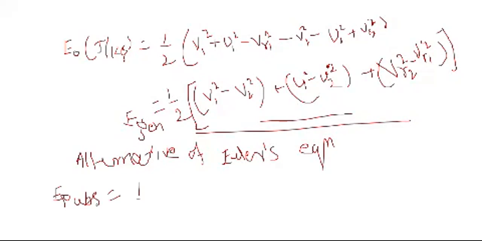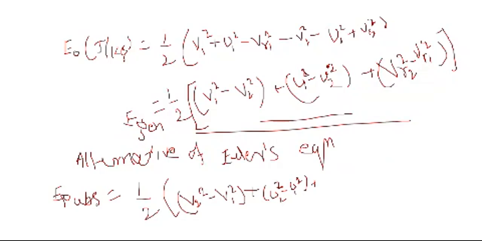That's it: 1 by 2 times V2 square minus V1 square, plus U2 square minus U1 square, plus Vr1 square minus Vr2 square. This is for a power absorbing machine. This is for a power generating machine.